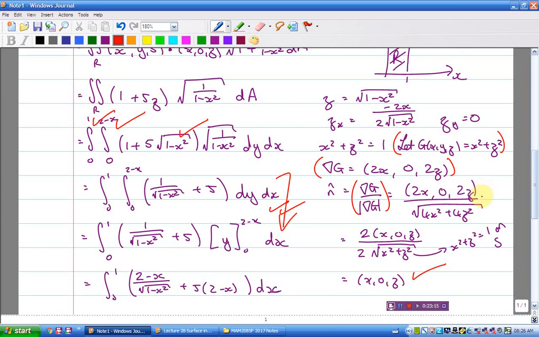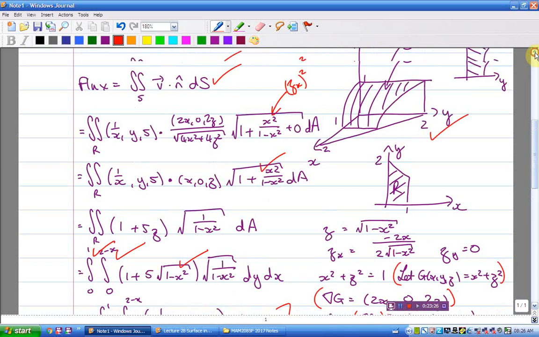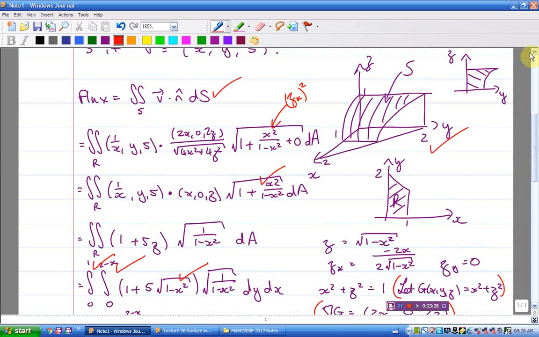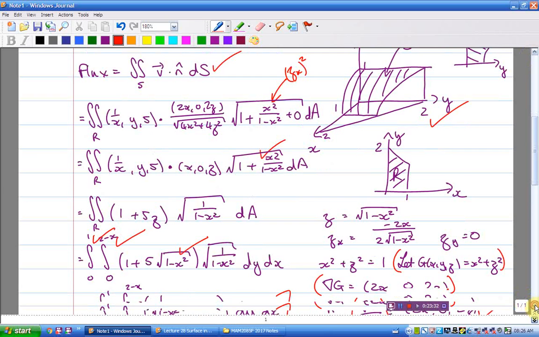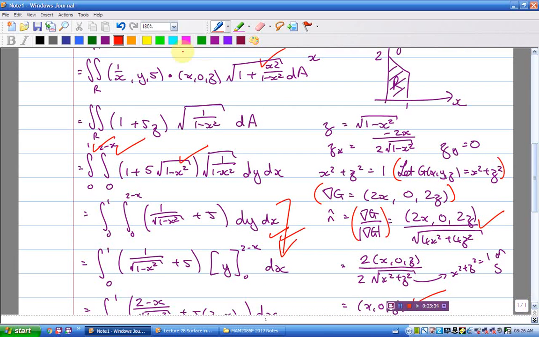No, I'd guess it's 2 marks for the normal because there was a little bit of work going into the normal. Let's have a look. Oh, yeah. I didn't count that. So you're right. 1, 2, 3, 4, 5, 6, 7, 8, 9. Right, it is only 1 mark for the normal. Okay. So that's how the marks would generally go. So that's a 9-mark question.